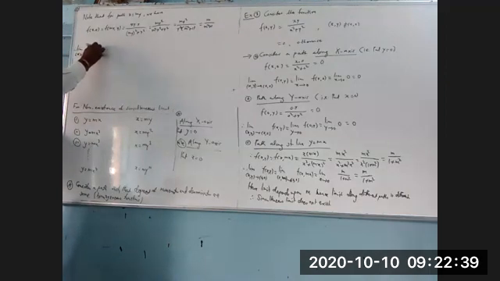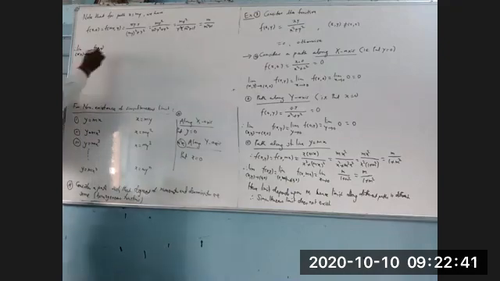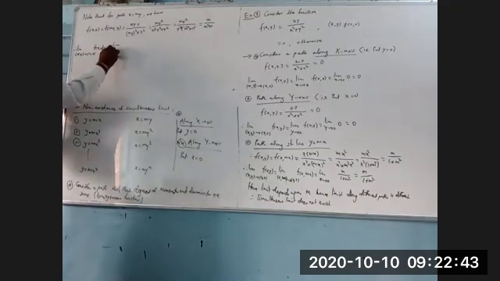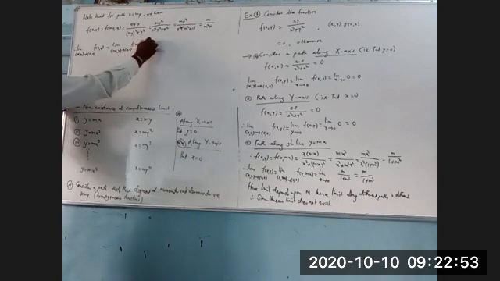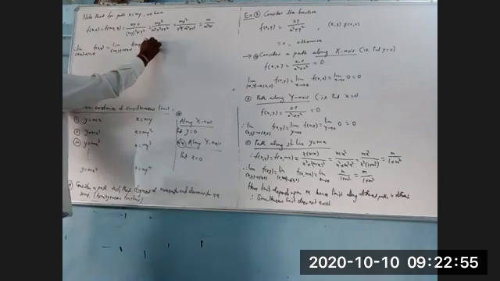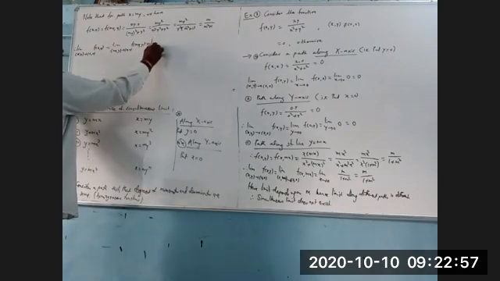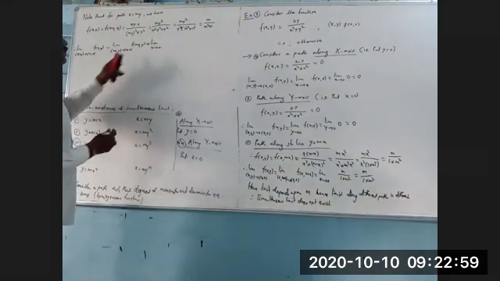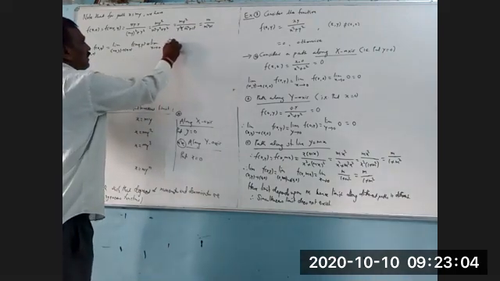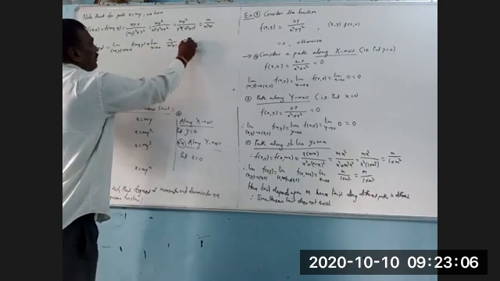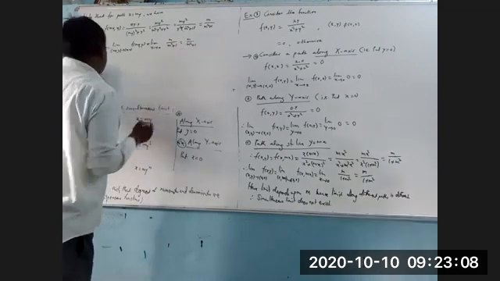And therefore, the limit as (x, y) tends to (0, 0) of f(x, y) is equal to the limit as y tends to 0 of f(my, y), and this will be equal to the limit as y tends to 0 of m upon m square plus 1, which is nothing but m upon m square plus 1.